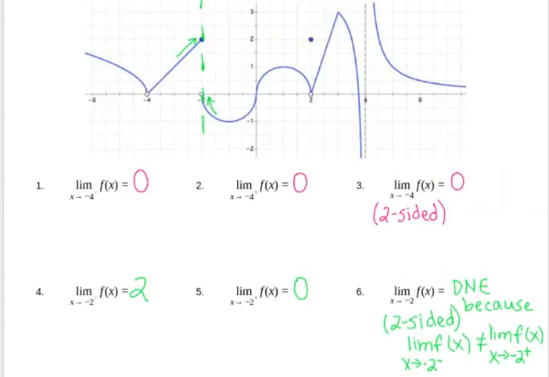So again, we can look, there's a huge break in this graph here. From one side it's heading up to 2, from the other side it's heading to 0. That means the overall limit does not exist because they are not equal to each other.